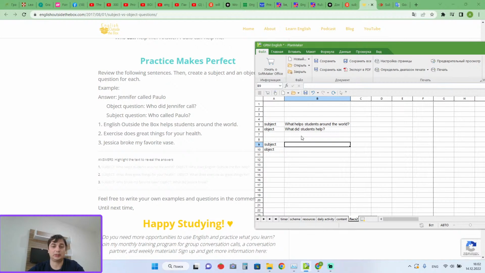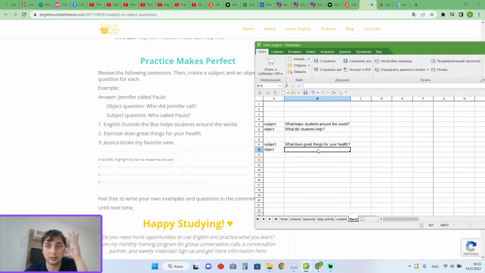It's easy for subject. What does great things for your health?